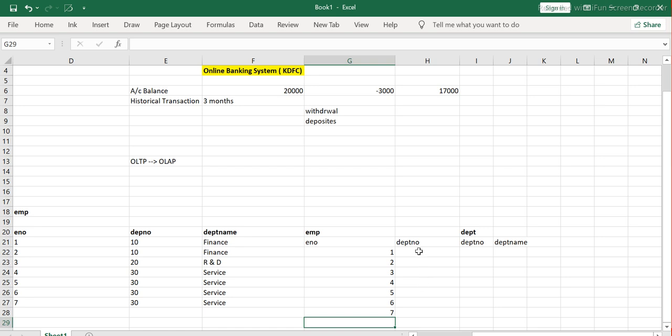And what is the department number for each of them? 1, 10, 10, 20, 30. All of them are 30 here. And here I will say 10, 20, 30. That's all. And here I will say finance, second is R&D, and third one is service.